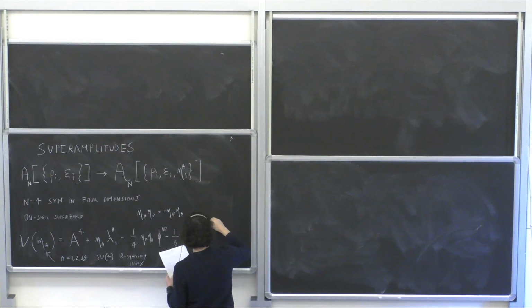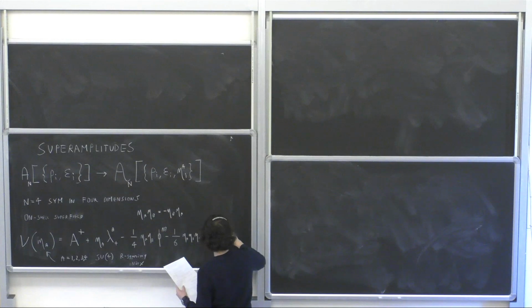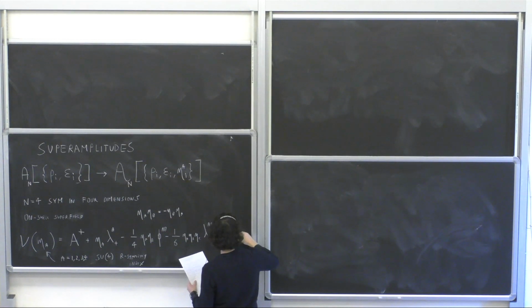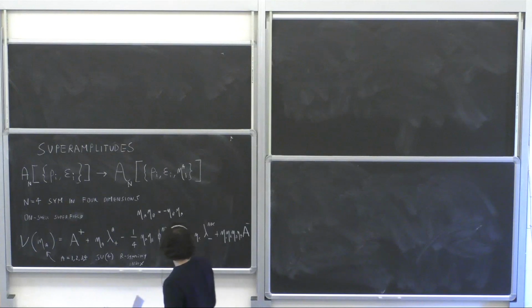Here we have a fermion with the minus polarization, and then eta 1, eta 2, eta 3, eta 4, we have the minus polarization for the gluon.